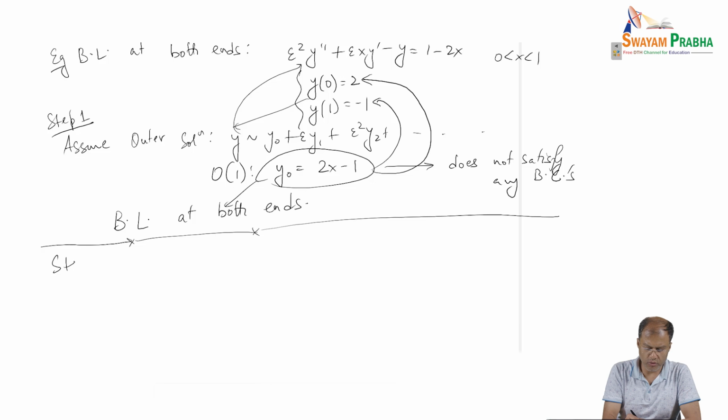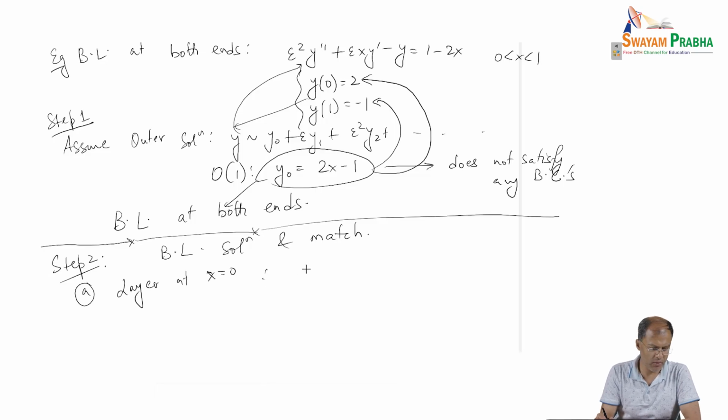And now to actually find the solution, we will assume a boundary layer form of solution and we will match. So then the starting point is we will assume a boundary layer at x equal to 0, and we will now set our x bar to be x over epsilon to the power gamma, right?